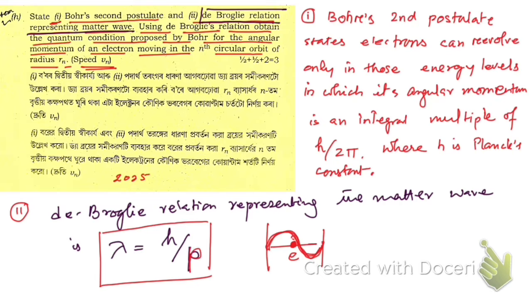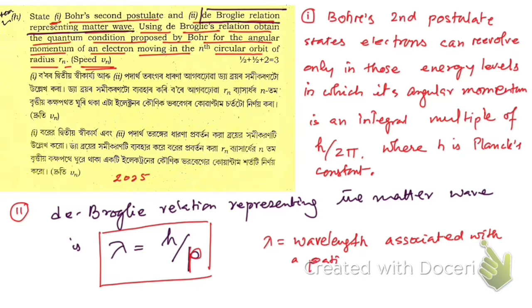Here lambda is the wavelength associated with a particle moving with momentum p. Hope you have understood this.